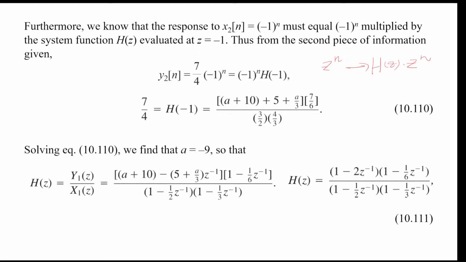So this is an important equation here. y2 of n equal to 7 over 4 minus 1 to the n equal to minus 1 to the n times h of minus 1. And so we know that h of minus 1 equal to 7 over 4.